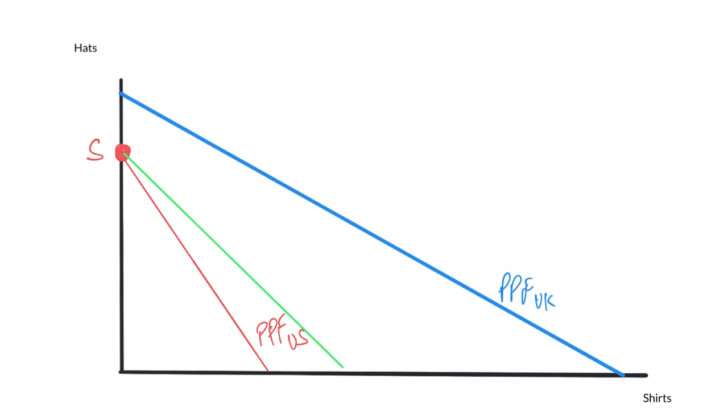Then you can take a ruler, move it parallel, and move your trading ratio, which we're going to call the consumption possibility boundary, and those two lines are parallel.